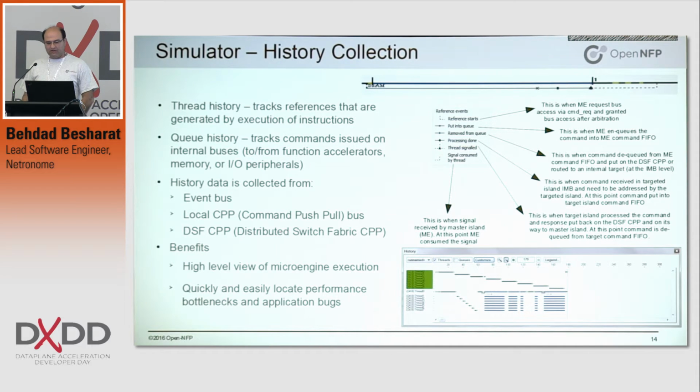And so you can go back and find out what command has been issued, and if the microengine that issued that command is not executing anymore, what the reason was. Was it that the command was issued and the signal never came back, or I'm waiting on the wrong signal? This is, by the way, a very common bug in applications.